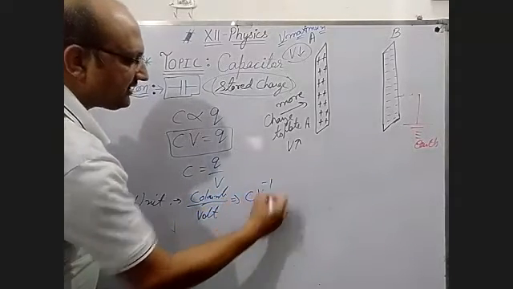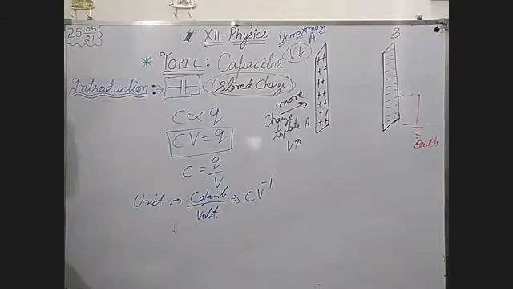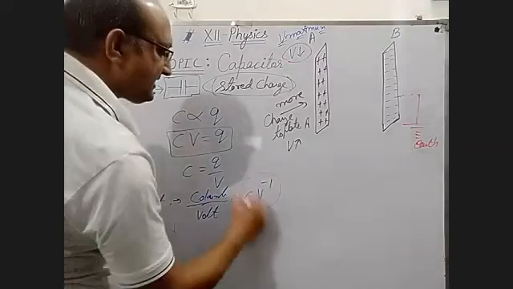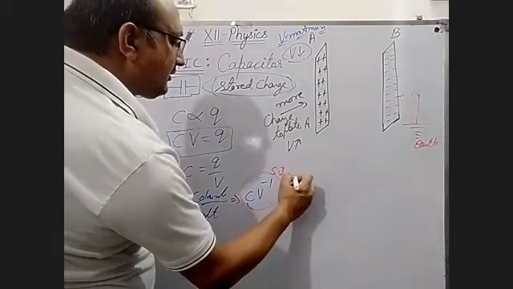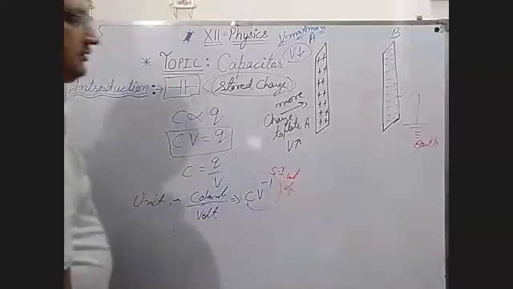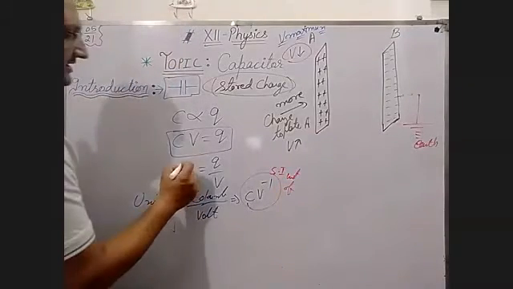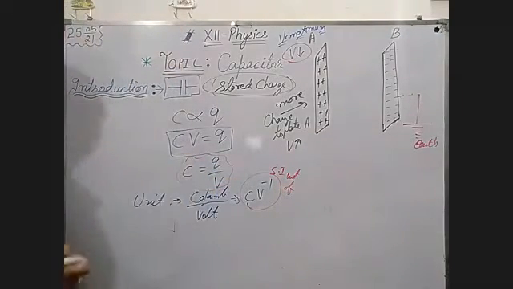Coulomb volt inverse is the unit of capacitance. Note down, this is the SI unit of capacitance, and this is the formula for calculating the capacitance.